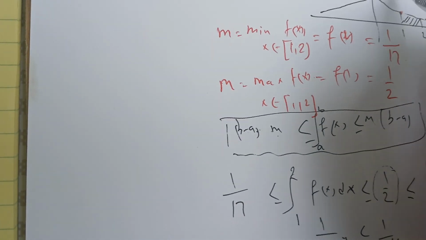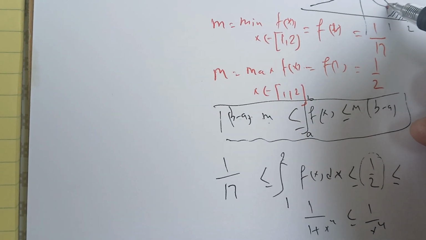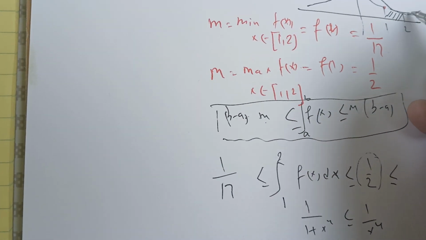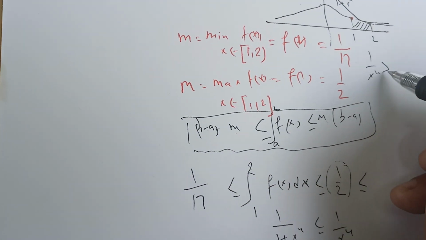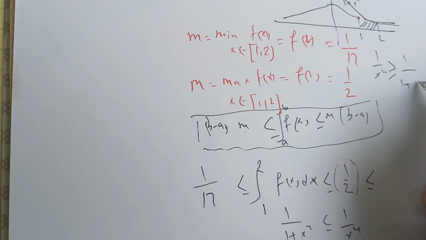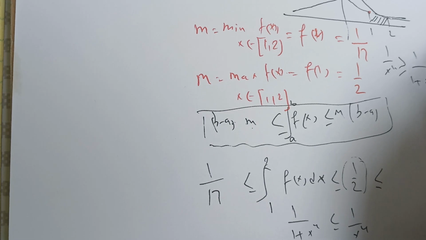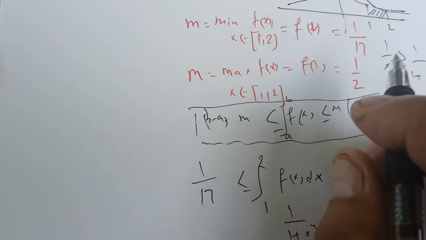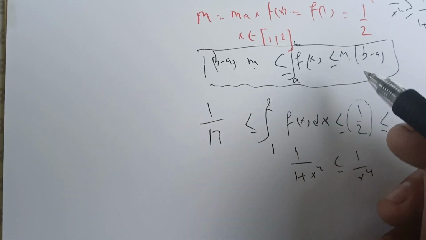This means that we are approximating f by a function that's almost the same, but always bigger. So 1 over x to the power 4 is bigger than 1 over 1 plus x to the power 4. Therefore this integral is going to be bigger, but it's very close. This means that we can integrate here.